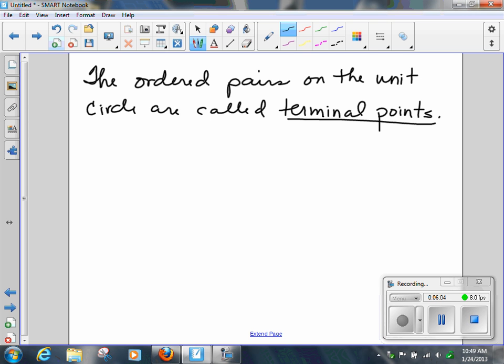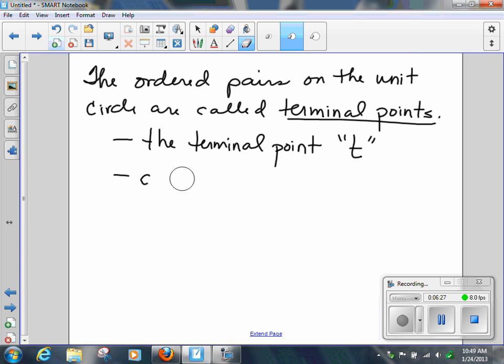The thing you need to know about the terminal point is that it's sometimes called the terminal point T. It's sometimes called T. It'll always be a real number. Not going to be a pi thing or an i or nothing like that.